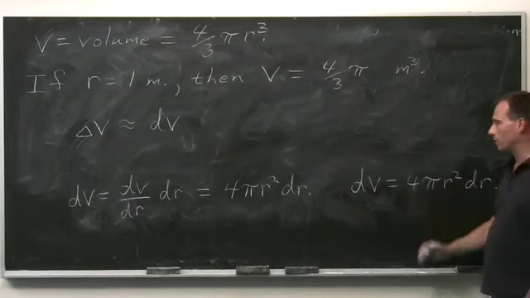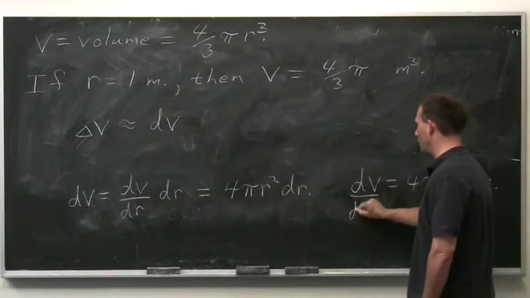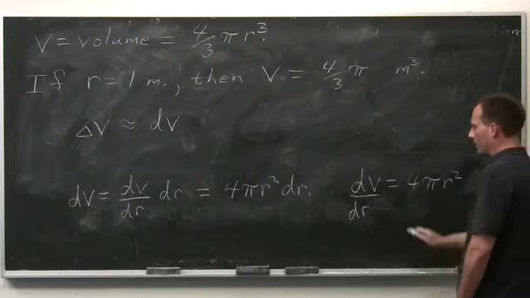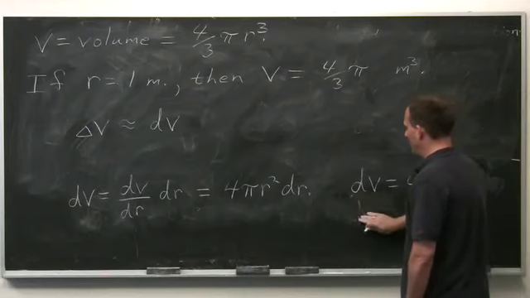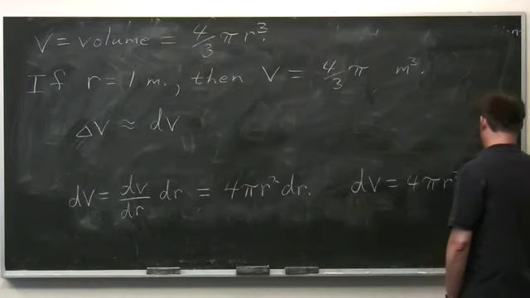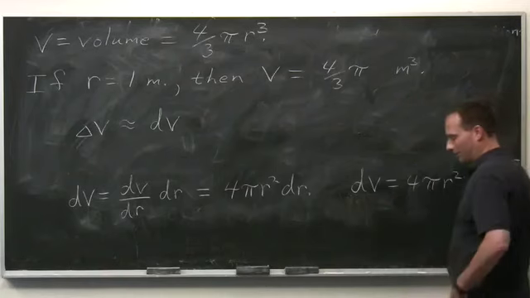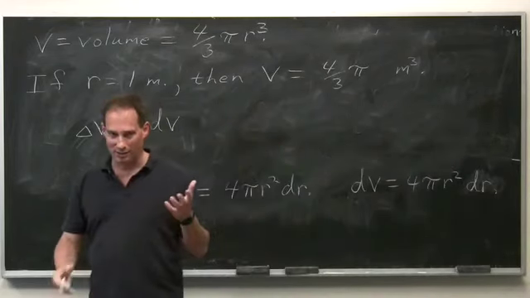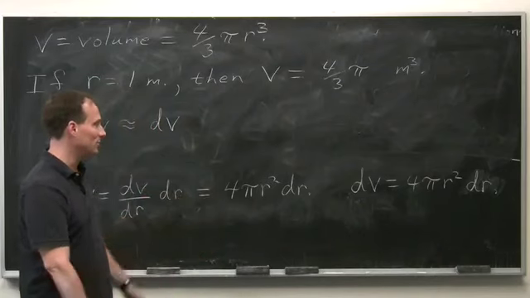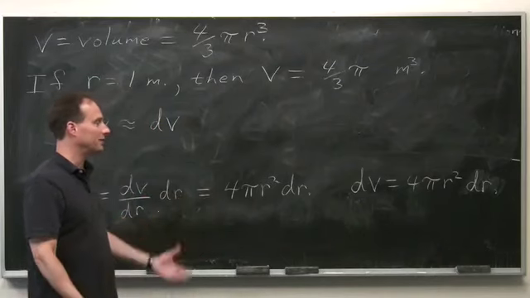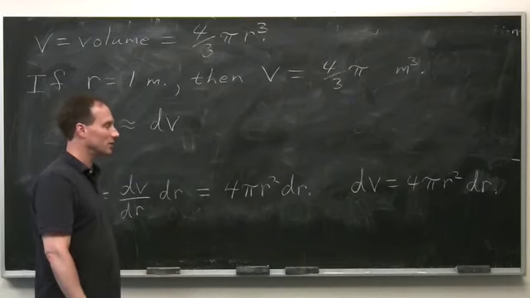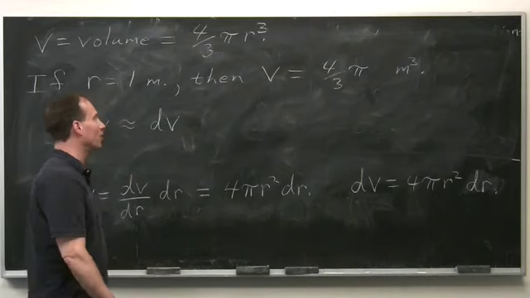So yes, it looks like you took this derivative and multiplied both sides by dr. Essentially, that is what happens. It's just that dV/dr itself, the derivative, is not a quotient of two things, but we define dV to be dV/dr times this independent variable dr.